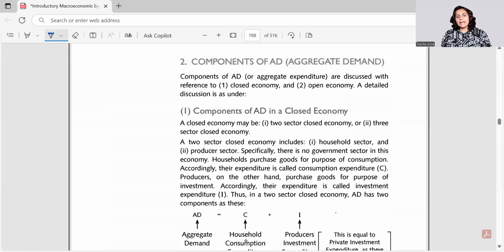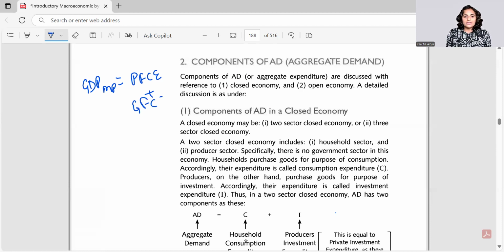So, when we say AD, it's the expected expenditure which happens in the economy. But I want you to be with me for the expenditure method which we have used in national income. If you're able to recall, GDP MP was the income aggregate which we would get from the national income expenditure method, and it had the components of private final consumption expenditure, government final consumption expenditure, gross domestic capital formation, and net exports. Right.